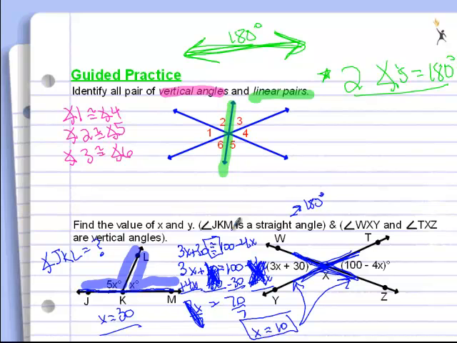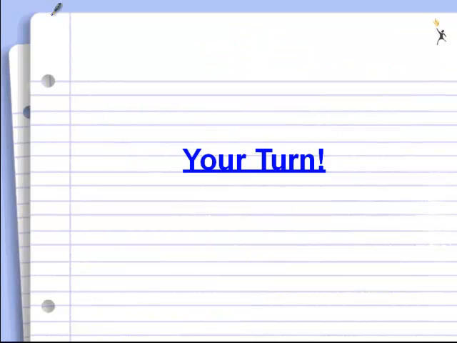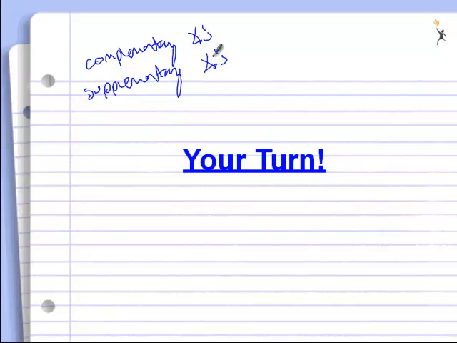Hopefully you understand this. Hopefully you know what complementary angles are. Let's actually write this on the next page because it's your turn now. Hopefully you know what complementary angles, supplementary angles, vertical angles, linear pairs are.